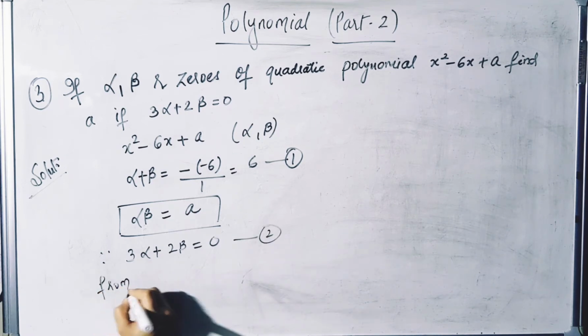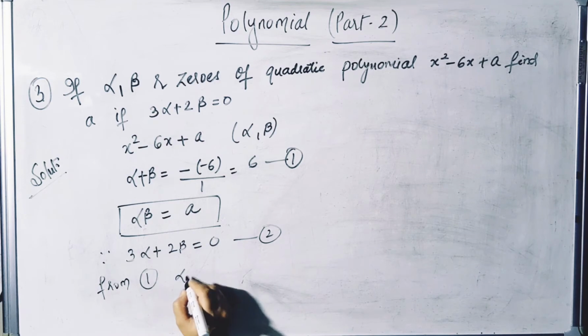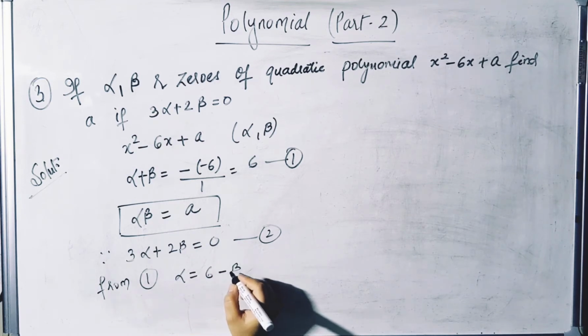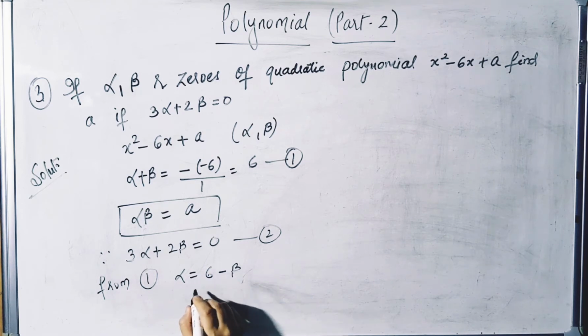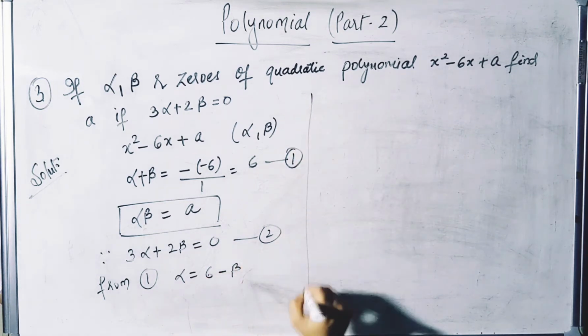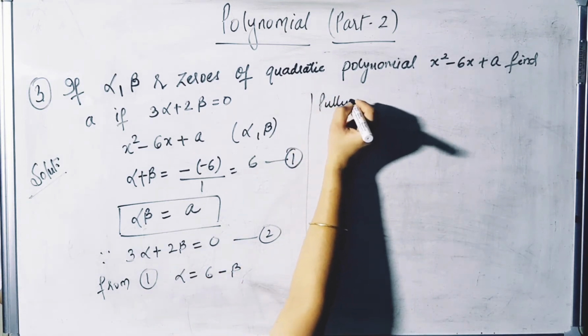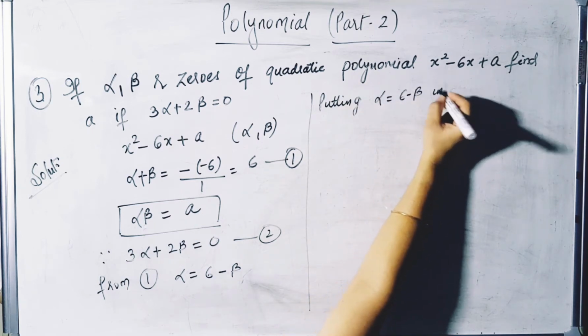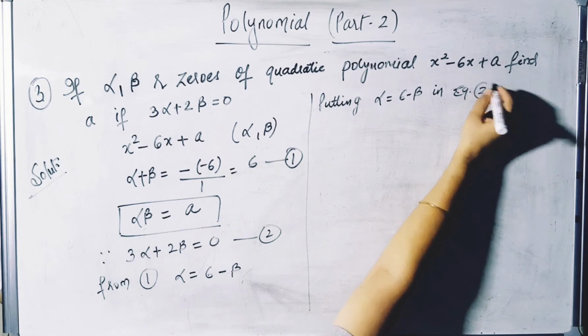From equation number 1, alpha is equal to 6 minus beta. Now this value of alpha we'll put in the second equation. Putting alpha equal to 6 minus beta in equation number 2.